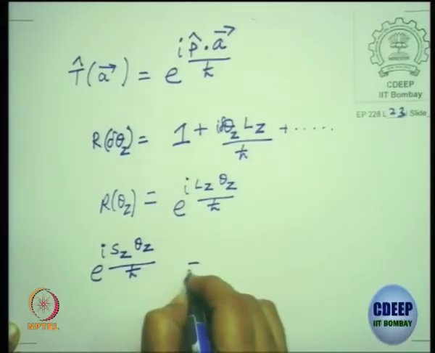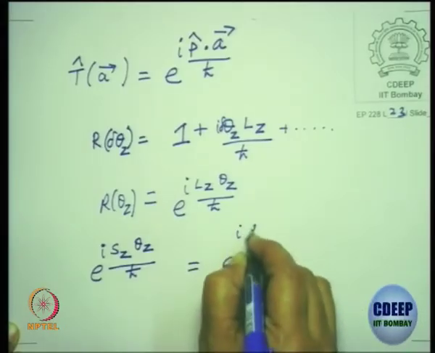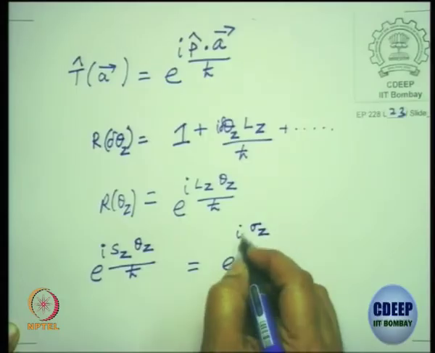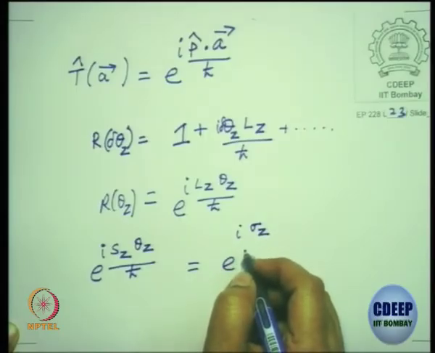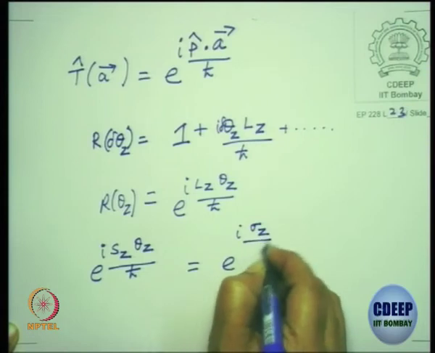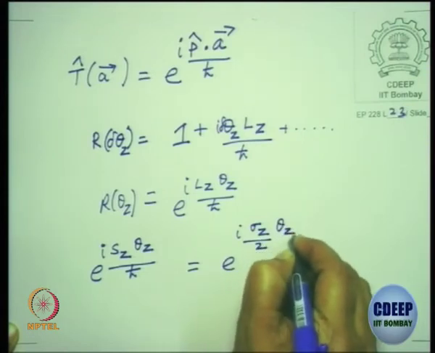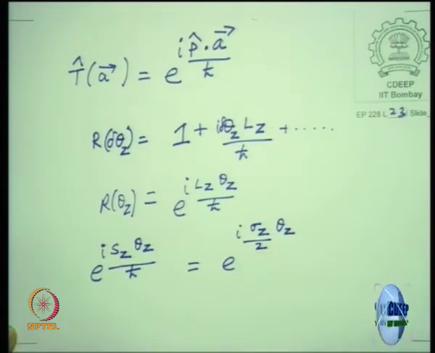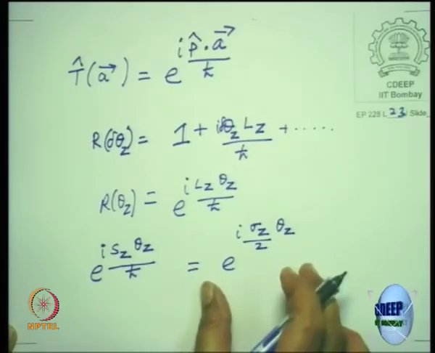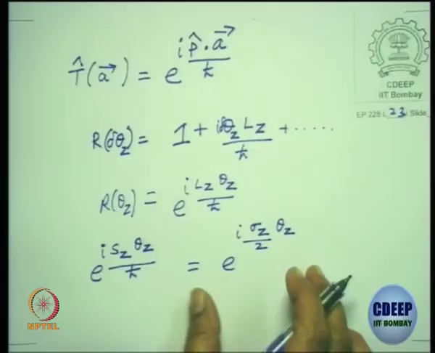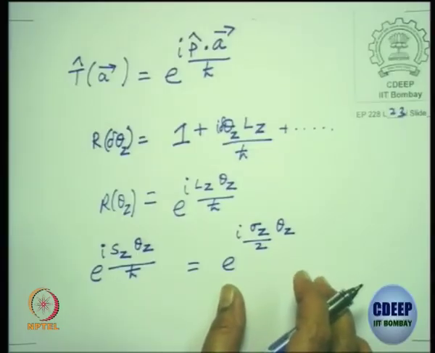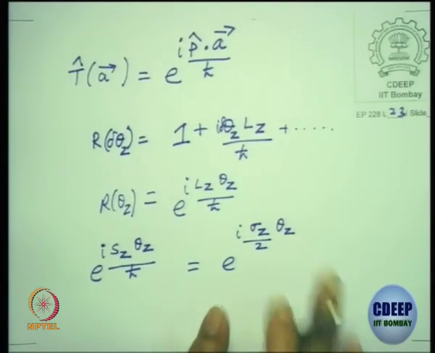And what is Sz? Sz is half h cross sigma z, right? So that is sigma z by 2 theta z. So this is an operator which will perform rotation in the internal space by an angle theta z.